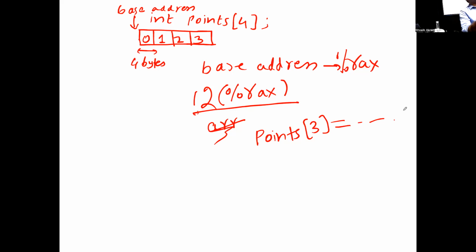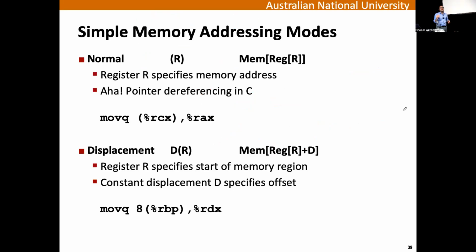This programming practice is very common. To support that, we have this addressing mode where we can specify the displacement on top of the base address that is stored in a register. Typically, we store the base address in a register, and then we use the displacement to access different elements of a structure or an array.